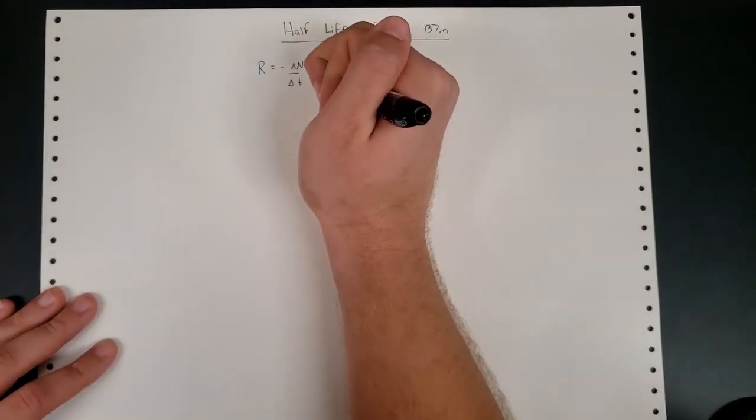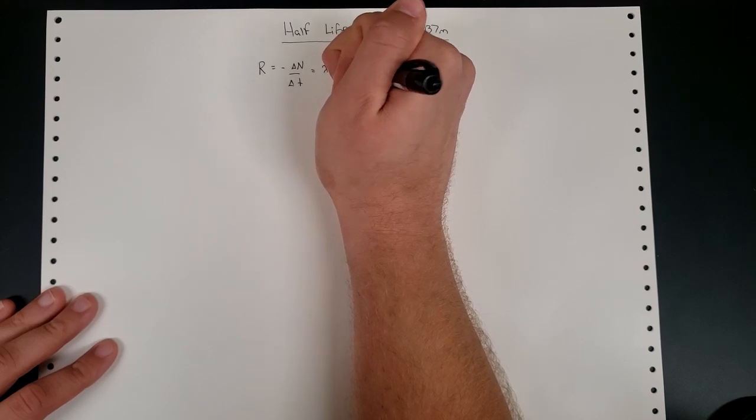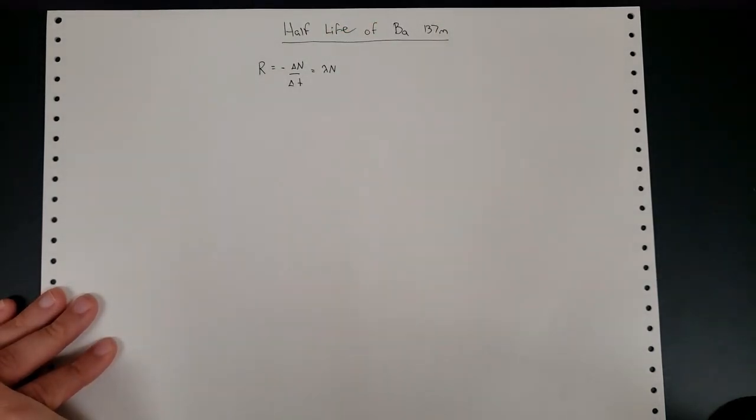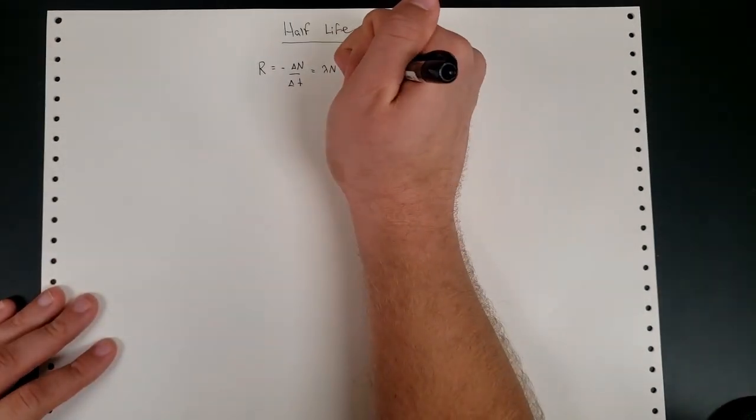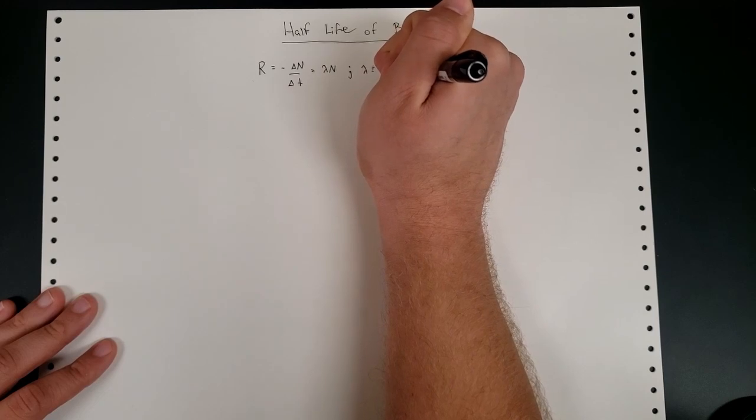And we can also write this in terms of a decay constant, lambda, times the number of parent particles, N. And so this lambda is defined as what we call the decay constant.